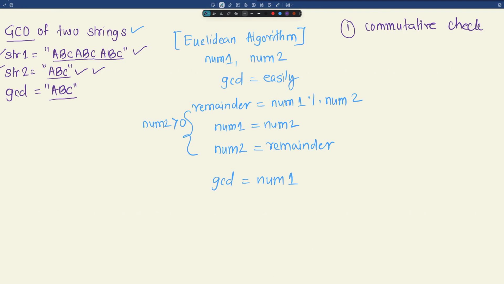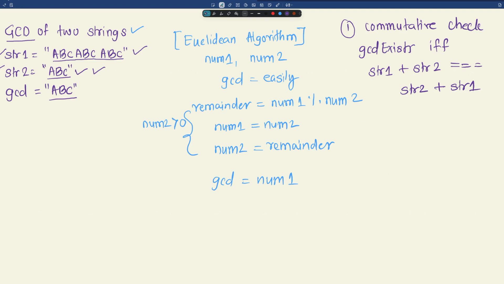It says a GCD of two strings exists if and only if the concatenation of string 1 plus string 2 is strictly equal to the concatenation of string 2 plus string 1. This is the first property.